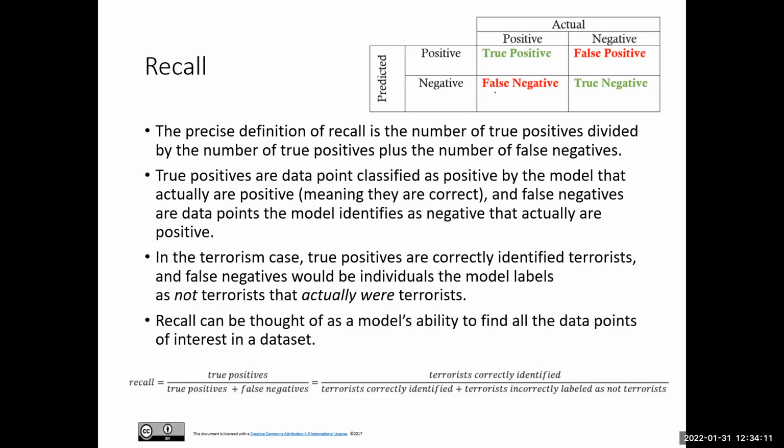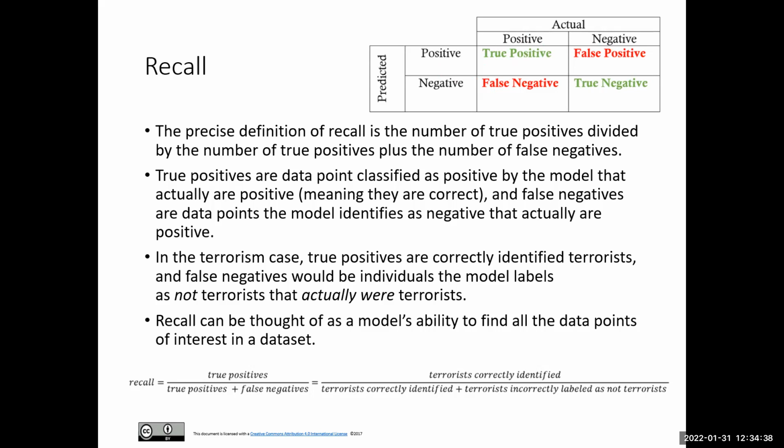So here we have positive, negative, positive, negative. Obviously, if the actual is positive and predicted is positive, that's a true positive. If the actual is negative and the predicted is negative, that's a true negative. And of course, the other ones are going to be false positive and false negative.